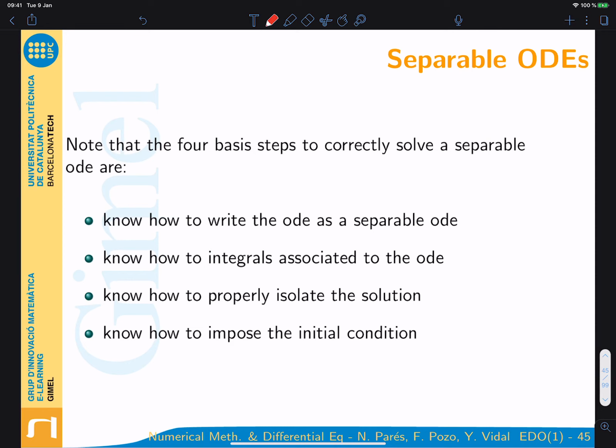That's what I wanted to explain about separable ODEs. These are the 4 basic steps to correctly solve a separable ODE. We need to know how to write the ODE as a separable ODE. We need to rewrite it in this way. Then we need to know how the integrals must be solved, so we rewrite this in this way.